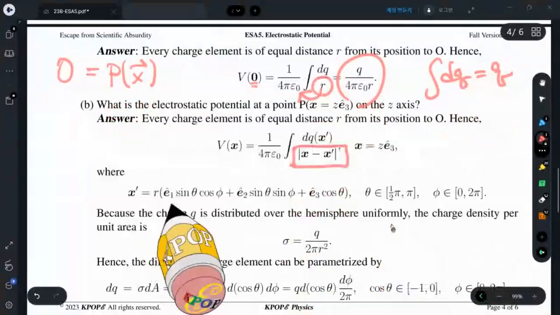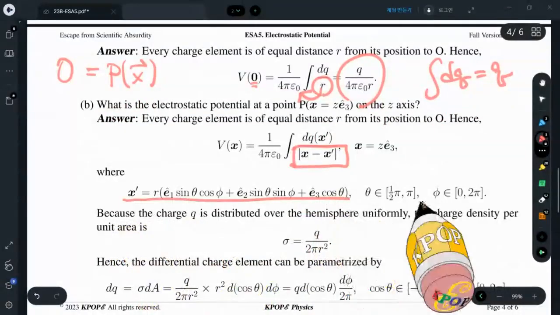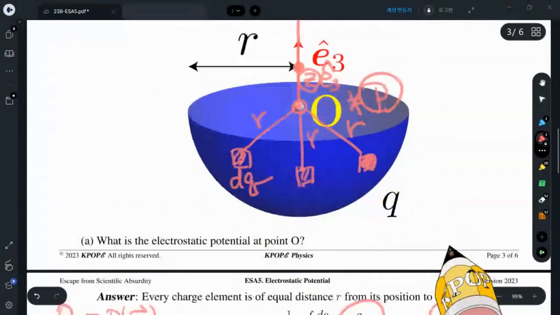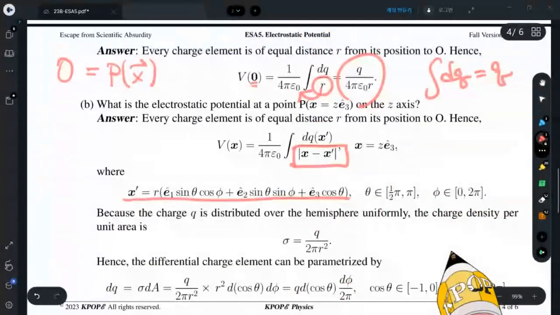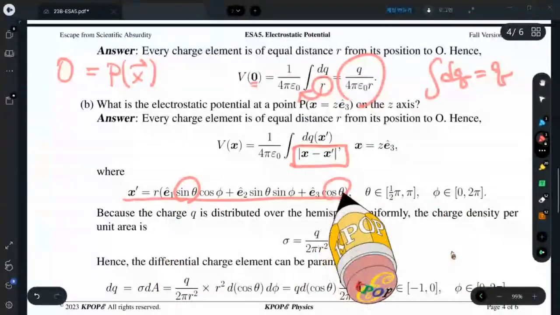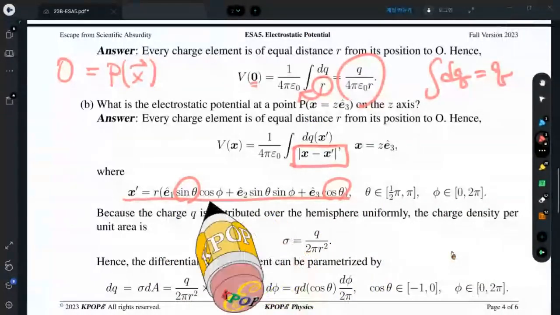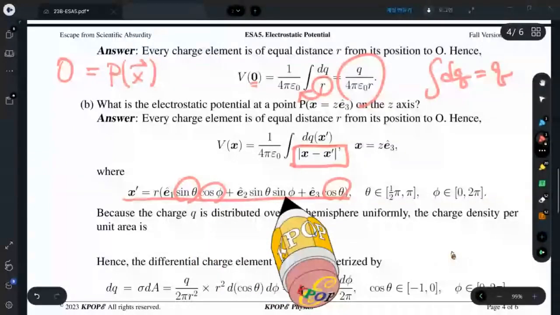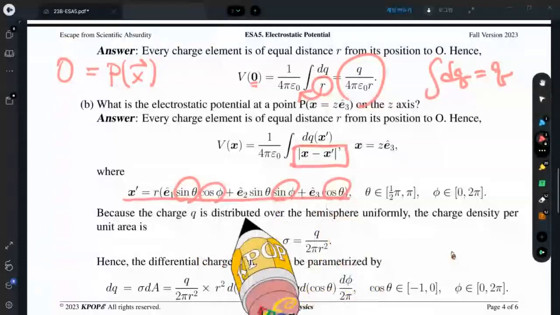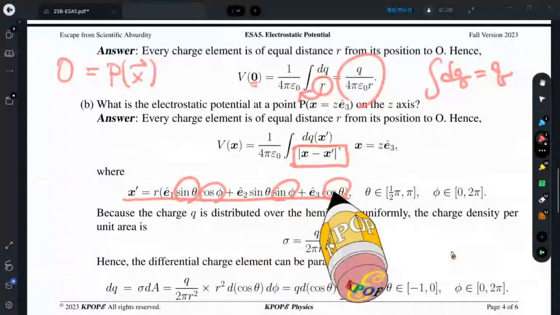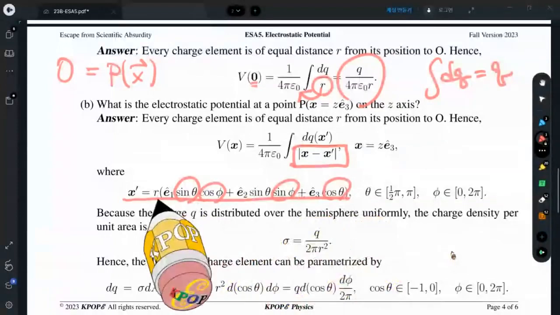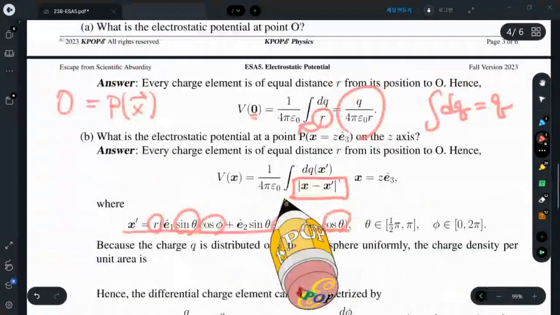We know that any point on the spherical surface can be represented by a polar coordinate system that has a polar angle theta dependence and azimuthal angle phi dependence. When you square and sum them all, everything becomes 1. So this is a unit vector, and this is a radius r.